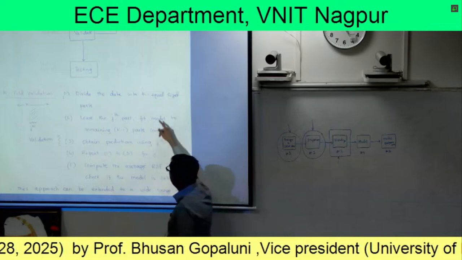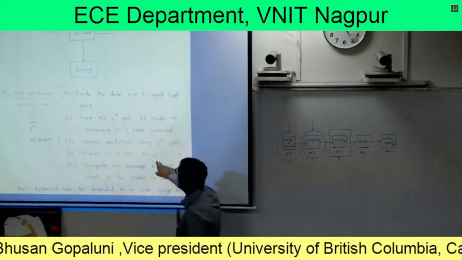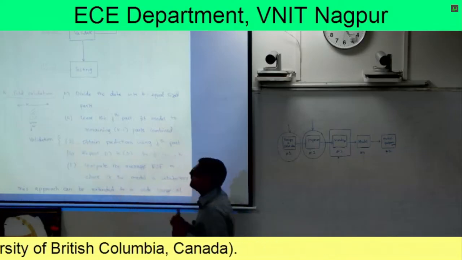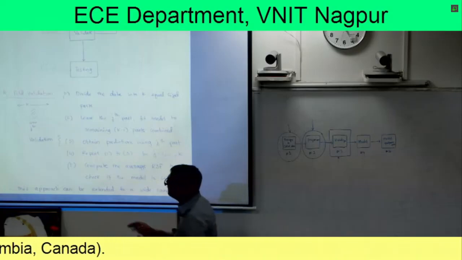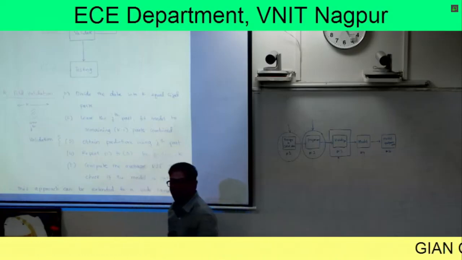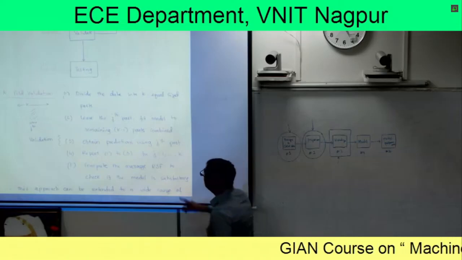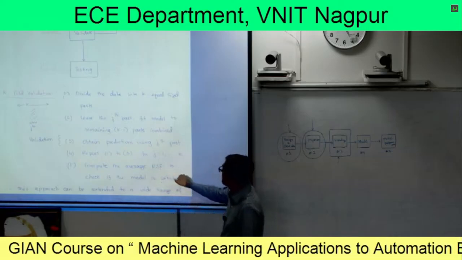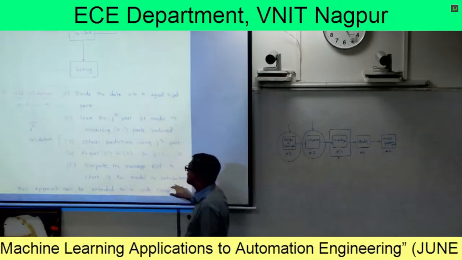Now you repeat this 1 to 3 for different pieces. You have k different pieces of your data set. In every iteration, you throw away one piece, build a model. And then compute the average root mean squared error to check if the model is satisfactory.